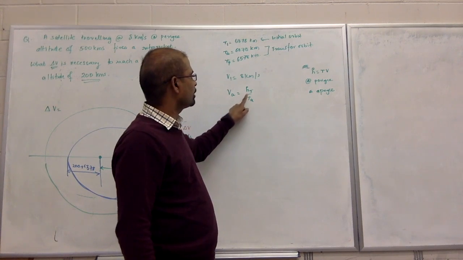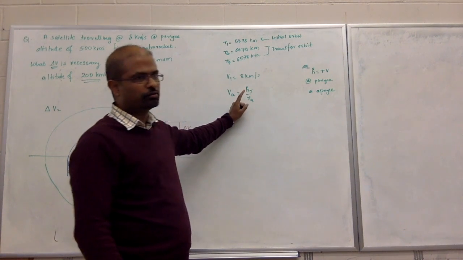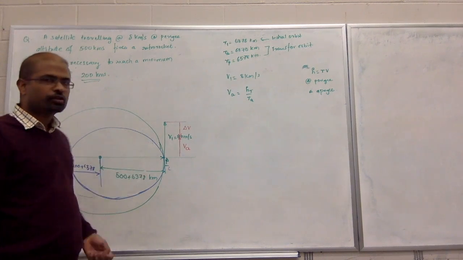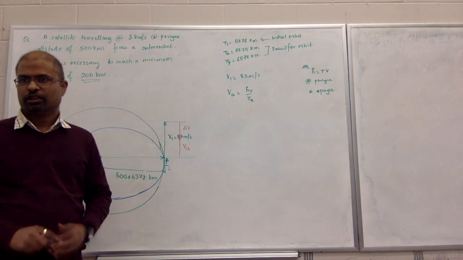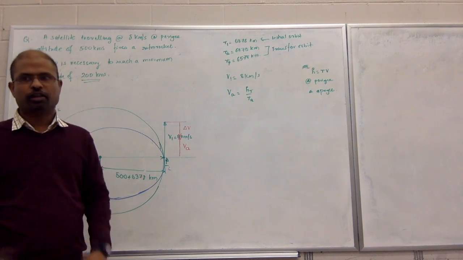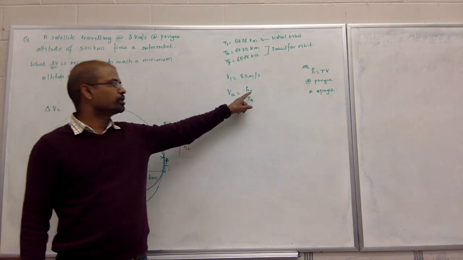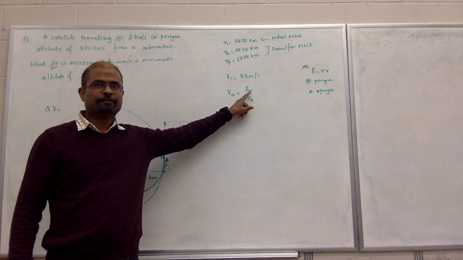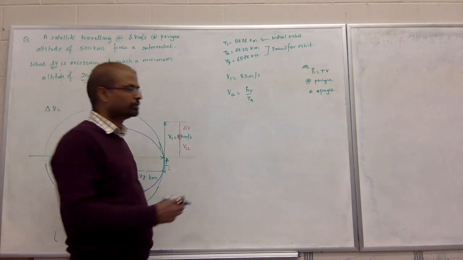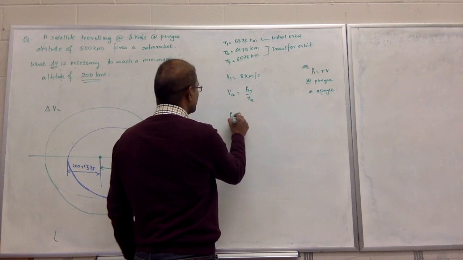So here h is always constant, guys. At any point h is constant. The r increases, v decreases. V increases, r decreases. So h is always maintained constant for an orbit. What is h?